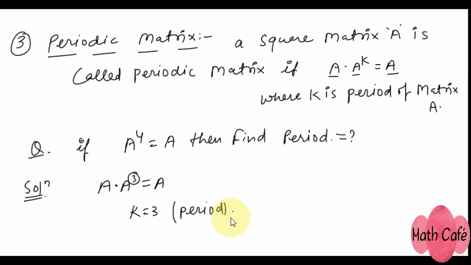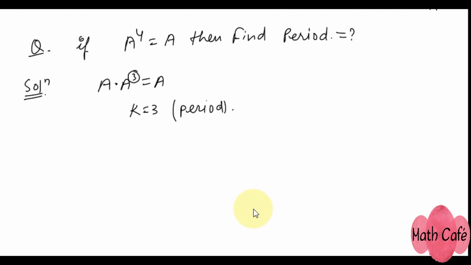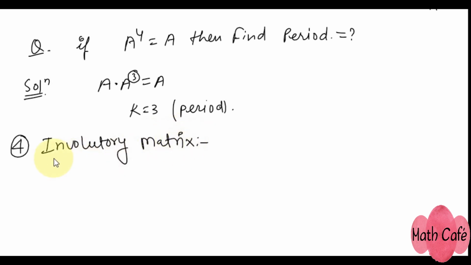So let's see the last definition, that is involutory matrix. So in the fourth point, involutory matrix. A square matrix A is called involutory matrix if A square is I, as simple as that.